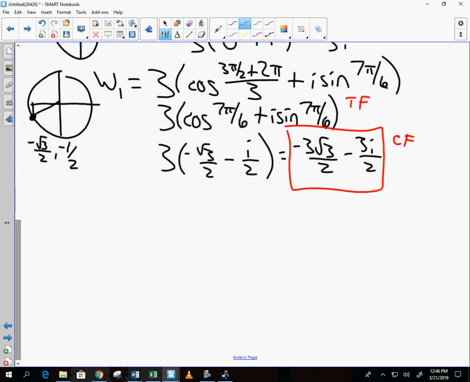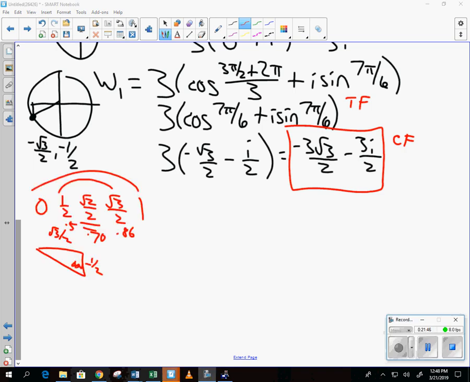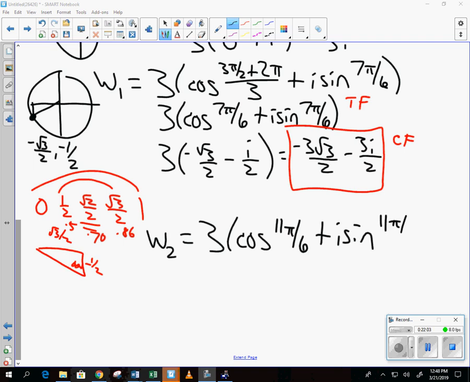You try W sub 2 on your own. Go. People are rolling. Let's see where we're at. I'll try to catch up with you. You should have W sub 2 is equal to, I keep the 3, right? And I got cosine of, and what was the angle turned out to be? 11 pi over 6 plus i sine of 11 pi over 6.